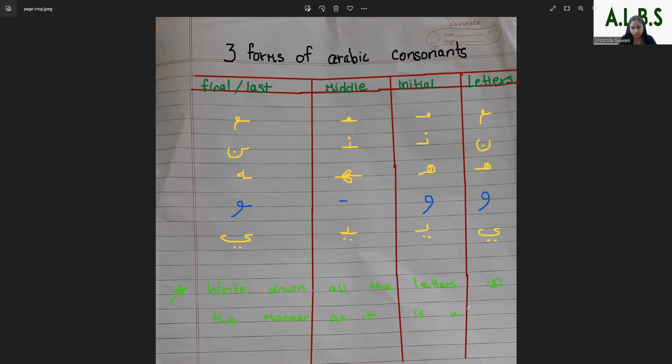Keep in mind which letter has the tail below the line, which letter we need to write on the line, and which part of the letter goes above the line. The letter should not fly on the line, below the line, or over the line. Keep this in mind.